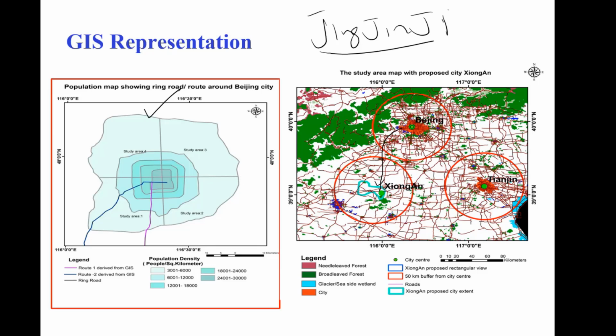Okay, so for that purpose, first of all, we identified different routes, route one and route two, which were derived from GIS, and we have also identified the different ring roads as well, because Beijing is divided into different sections. As you can see here, if we are trying to understand the population density, it's also presented in a different way.